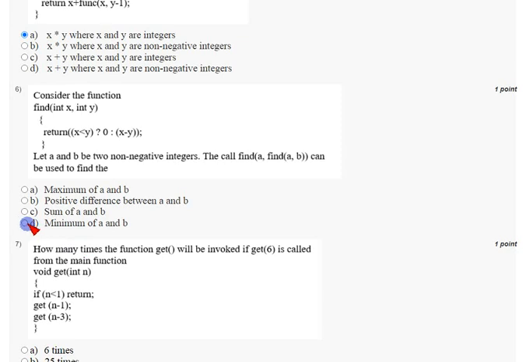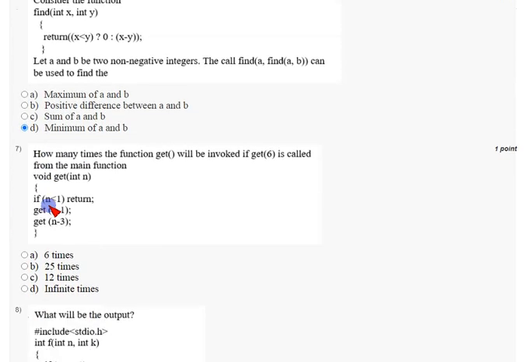And coming to the seventh question, how many times will function get be invoked if get of 6 is called? Friends, if you see this, void does not return anything. Even if we try to write return 0 or something like that, we will get a compilation error. But here they have just written the keyword return without any number.